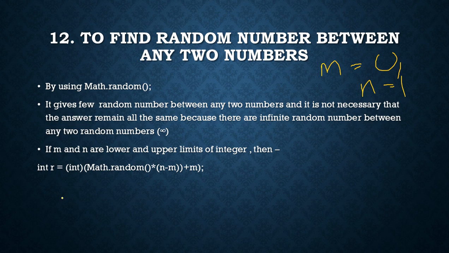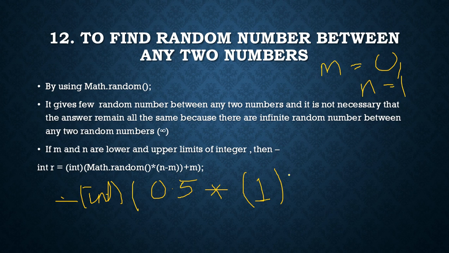Int of Math.random(). Suppose my random number is 0.5, times n minus m. What is n minus m? 1 minus 0, which is 1. Then plus m. What is m? 0.